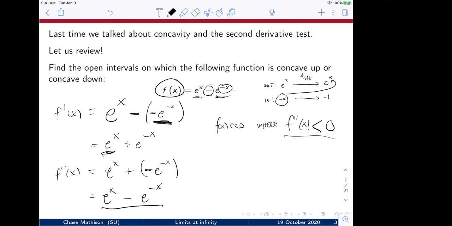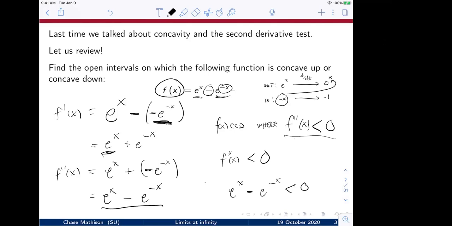Okay, so f double prime of x, let's find where f is concave down first. So I want to find where f double prime of x is less than 0 for concave down. Well, that means I need to solve where e to the x minus e to the minus x is less than 0.